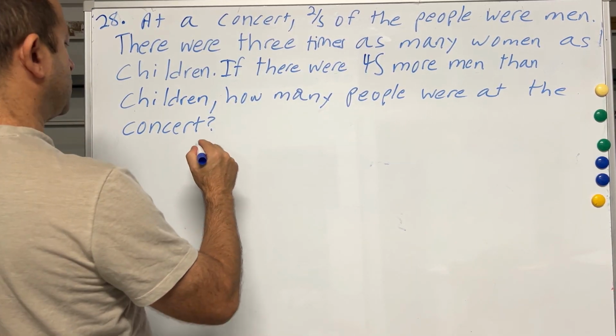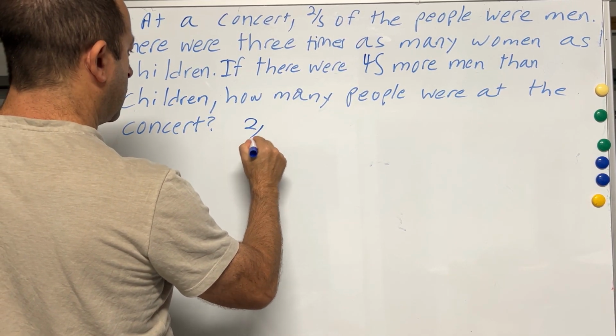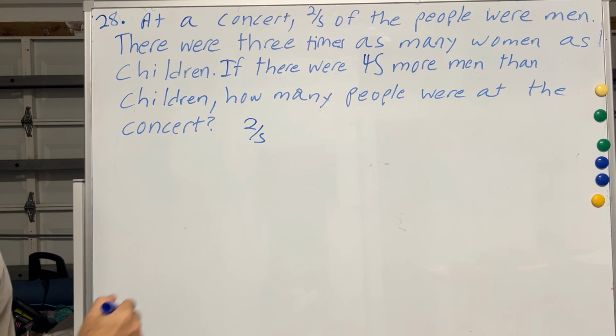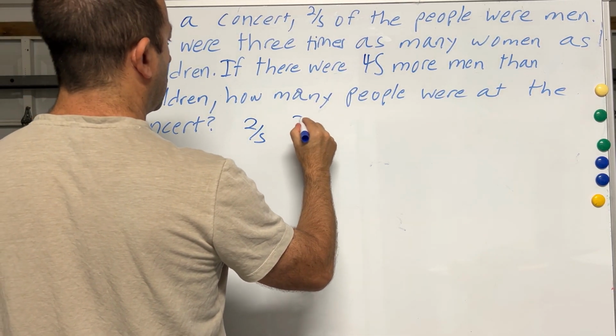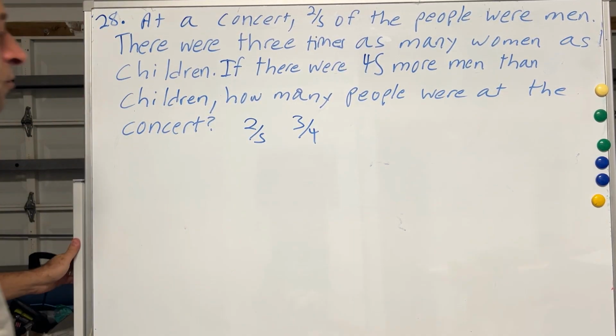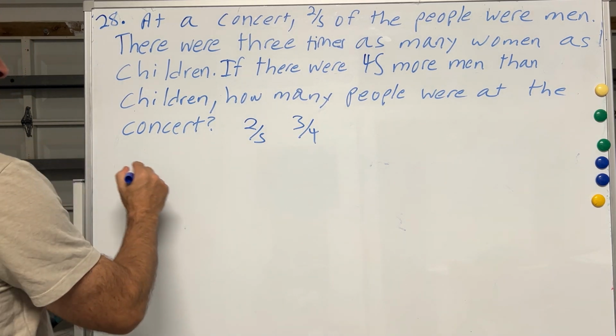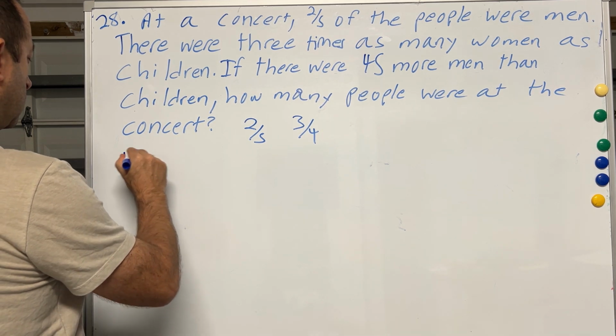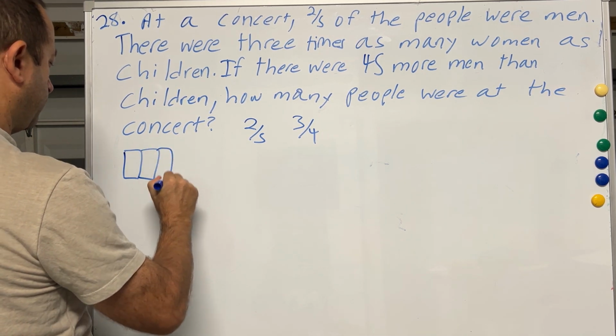We have 2/5 of the people were men, and of the remaining people, 3/4 of them are women. So remember that when we want to use the box technique, we have to multiply our denominators, 5 and 4. So we're going to need 20 boxes.